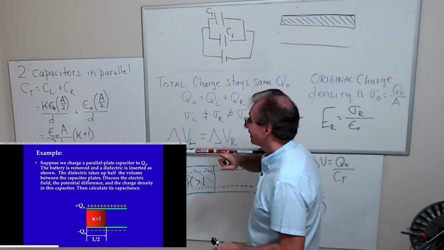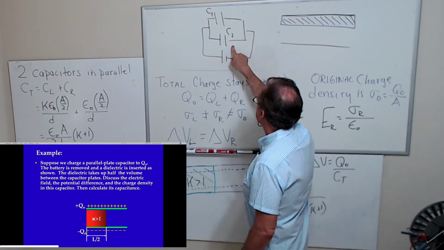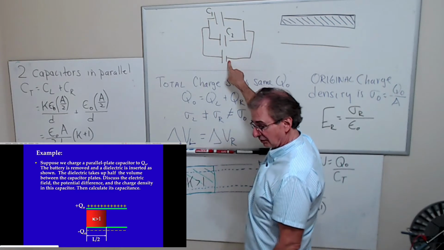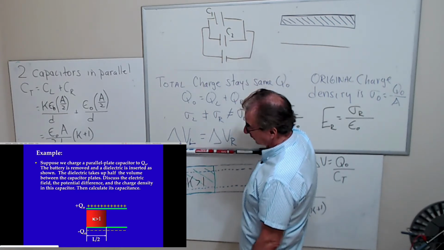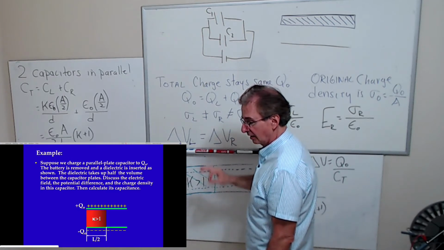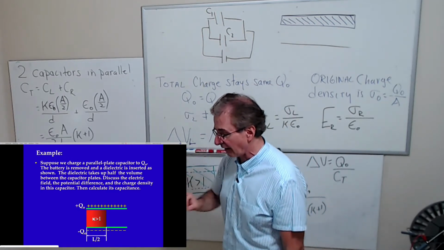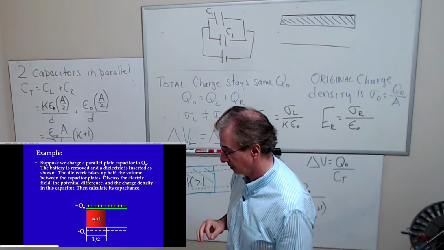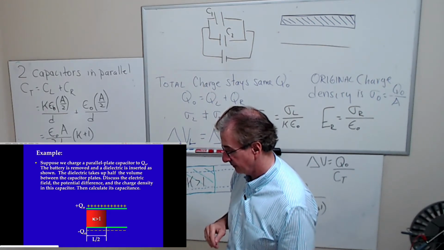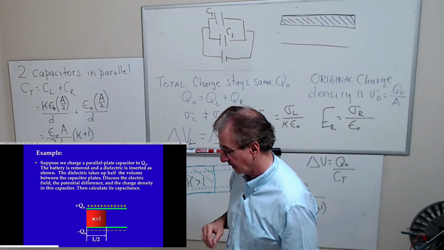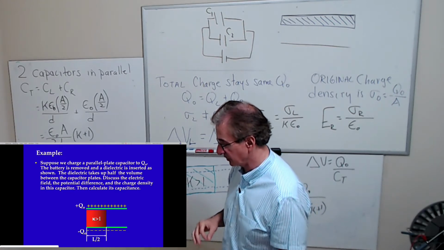However, in this case, the potential across them is the potential across the power supply. If they were in series and you had identical capacitors, each capacitor would have half the power supply voltage. Capacitors add inversely in series, yes.